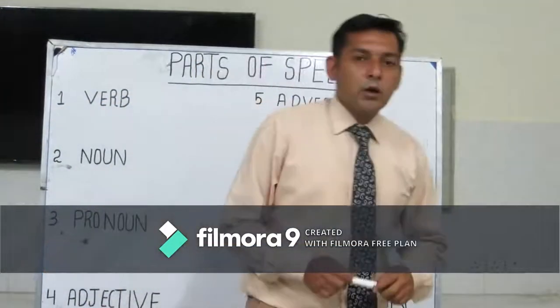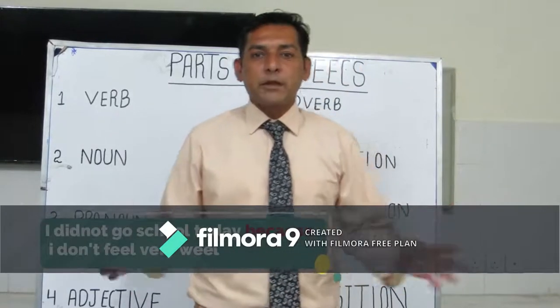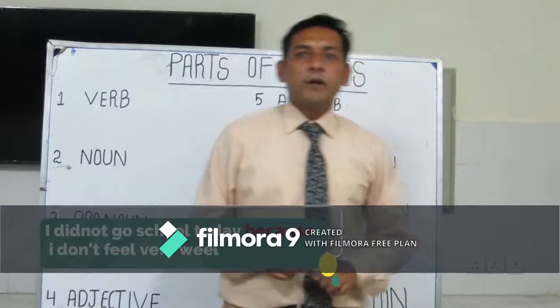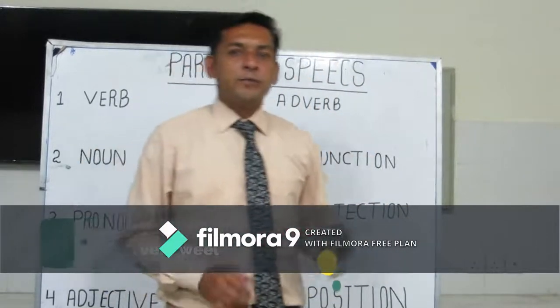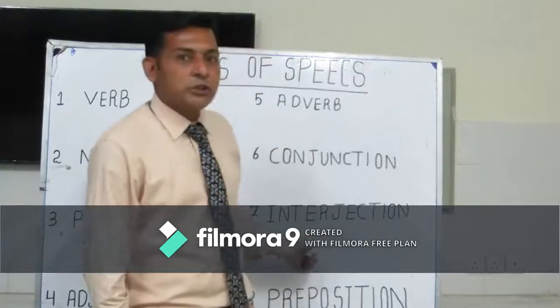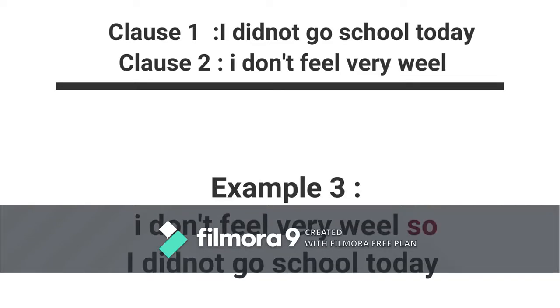For example, I didn't go to the school today because I don't feel very well. Here, there are two sentences, and the conjunction because is connecting two clauses. The second clause, I don't feel very well, is the reason.